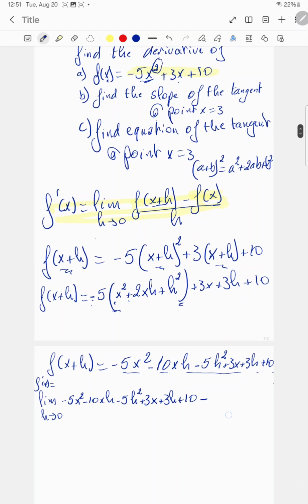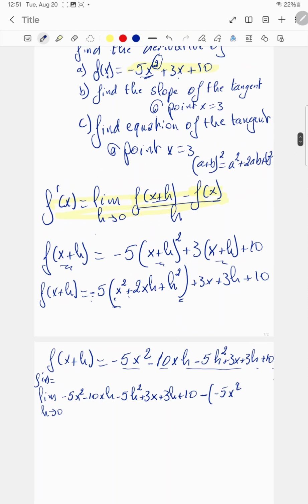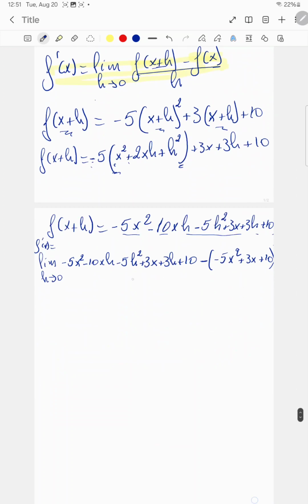In my case, it is minus the parenthesis of minus 5x squared plus 3x plus 10, because f of x is minus 5x squared plus 3x plus 10. And all that is divided by h.